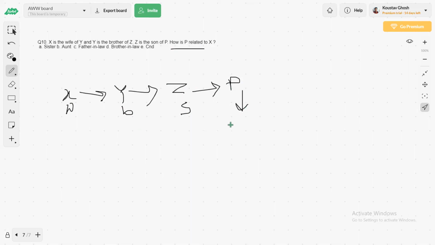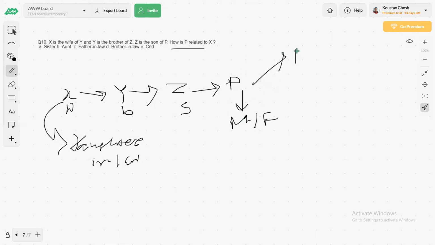Now P may be male or female. If the question asked how X is related to P, then X is the daughter-in-law of P. Okay, so if P is male, then he is the father-in-law, and if P is female, then she is the mother-in-law.